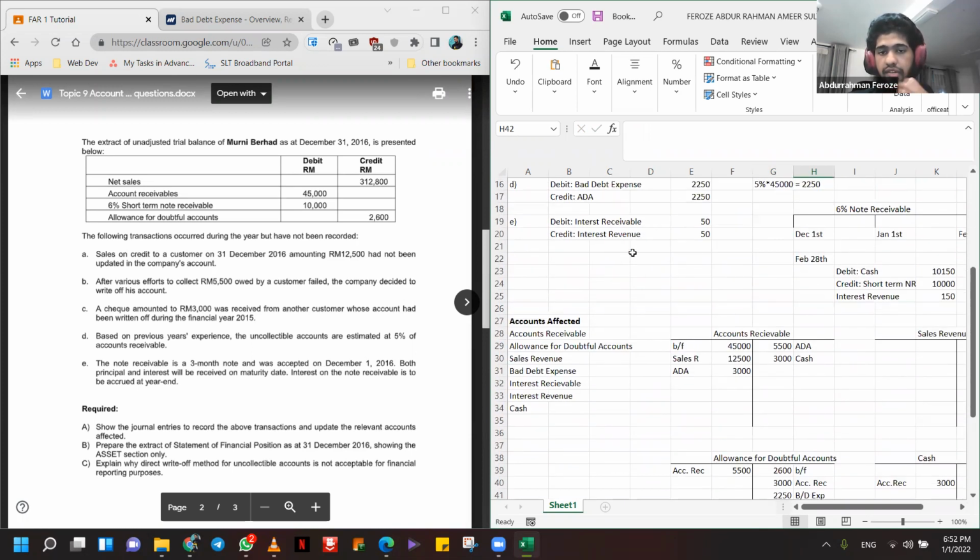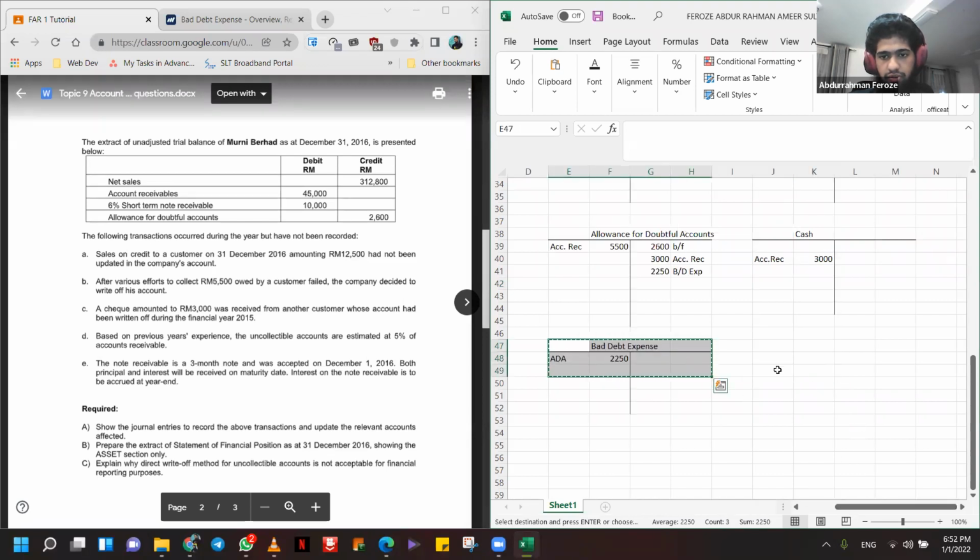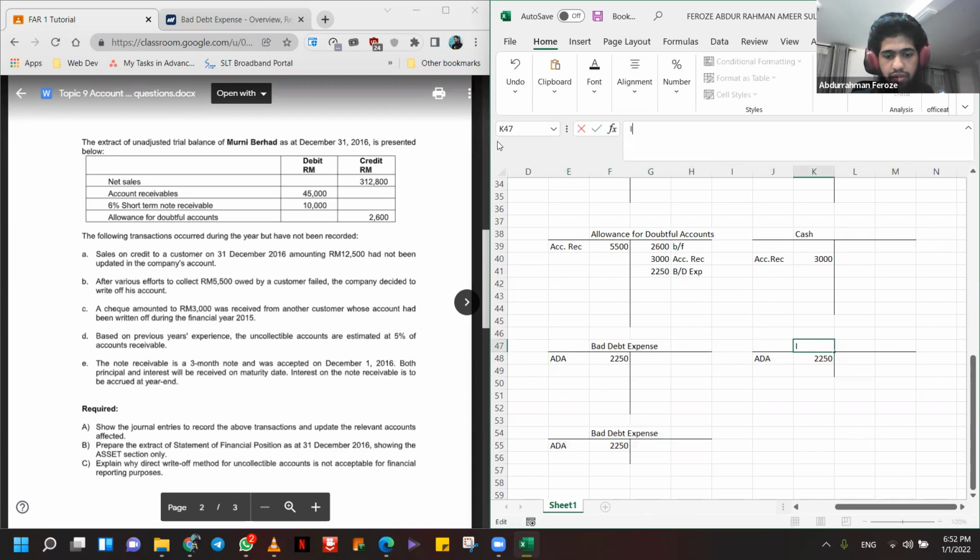And then finally, we have debit interest receivable, credit interest revenue. So we have to create two new small ones for this one. We have interest receivable and interest revenue.